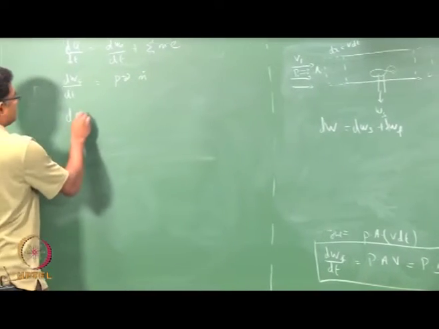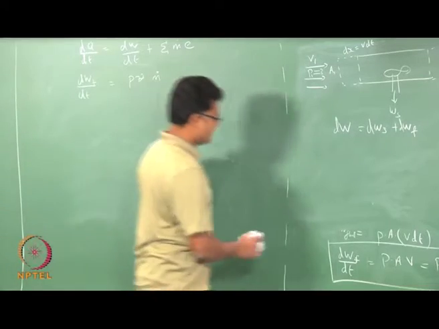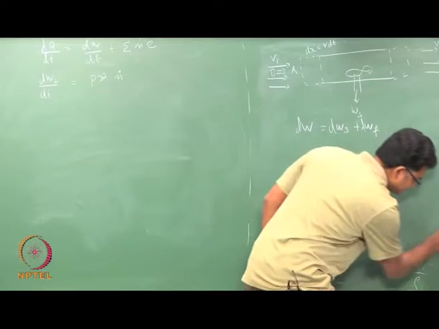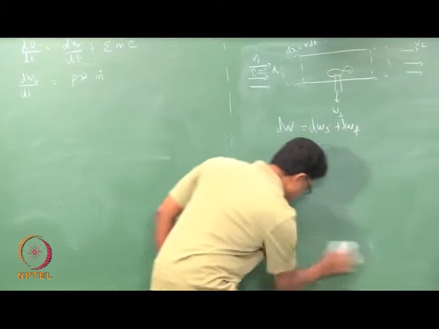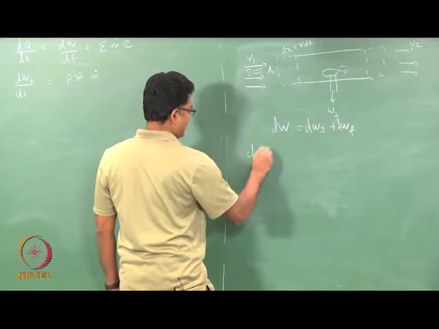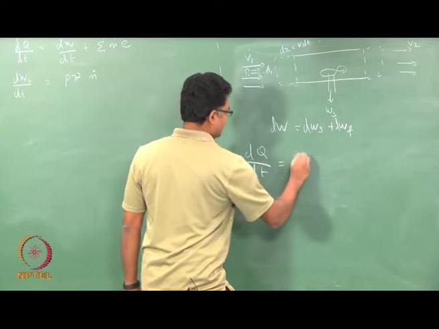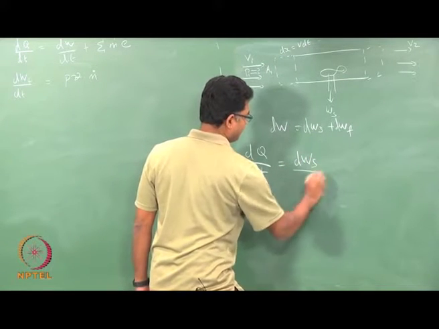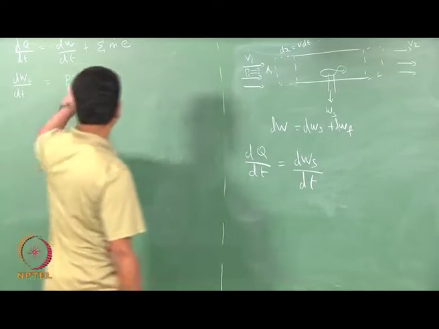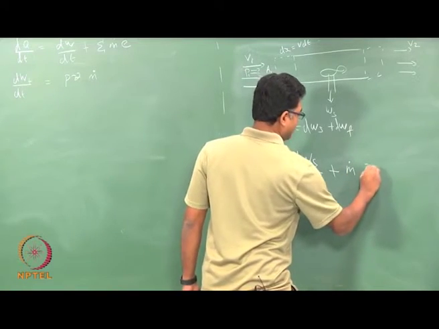So, dQ by dt is dW shaft by dt plus this quantity m dot P v.